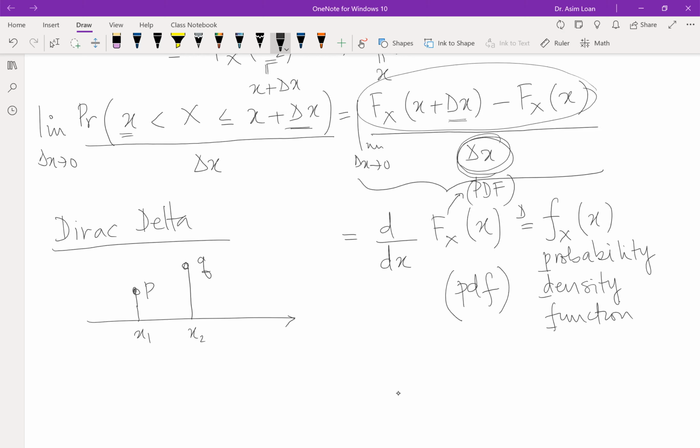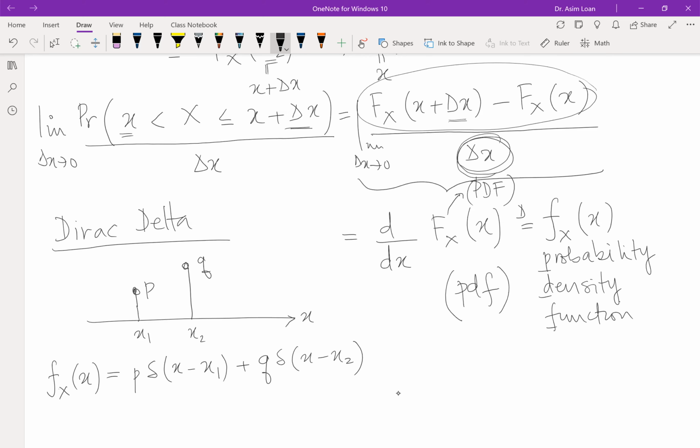And you say that this is actually P into delta of X minus X1 plus Q delta of X minus X2. If you are familiar with this notation, then you can tie both of them together. This is the probability density function.